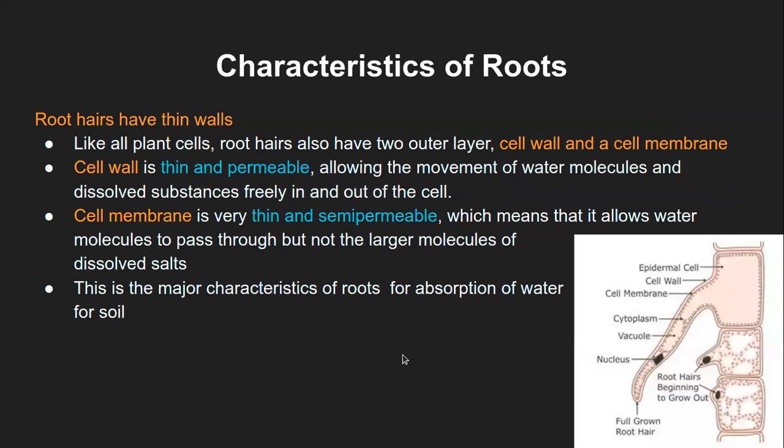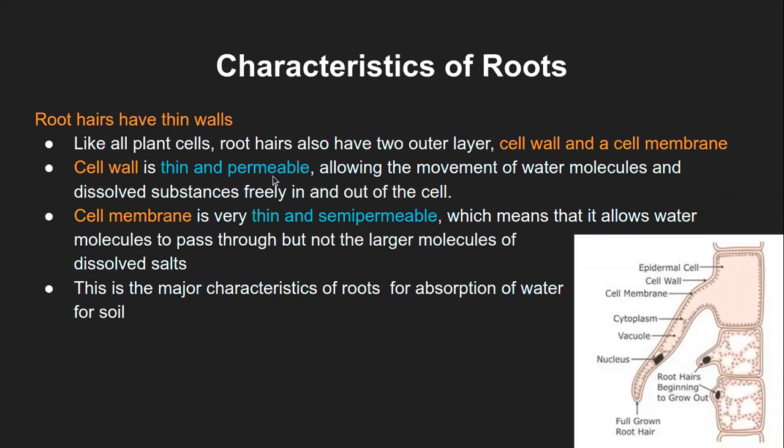And the last characteristic of the root is root hair having thin walls. Now it has mainly two outermost layers, that is the cell wall and the cell membrane, because it's a typical plant cell, so it will have both of these layers. Cell wall is relatively thin and permeable.